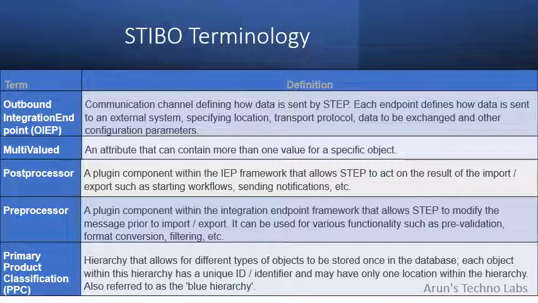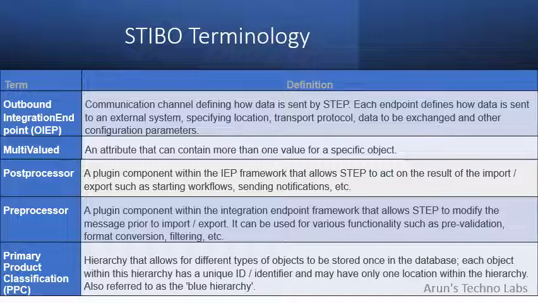as import, export, such as starting workflows, sending notifications. That is the post processor. The pre-processor is something within the integration endpoint framework that allows a step to modify the message prior to import or export, and it is used for various functionalities such as pre-validation, format conversion, filtering, etc. Basically, this preprocessor is just part of the business rule.